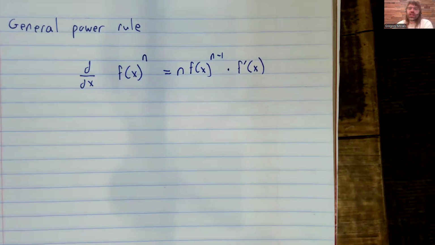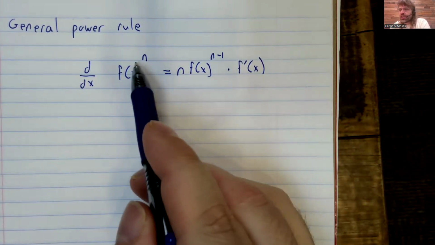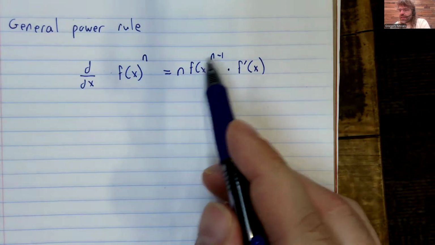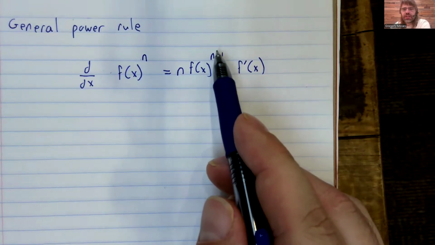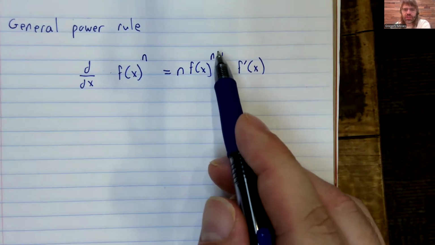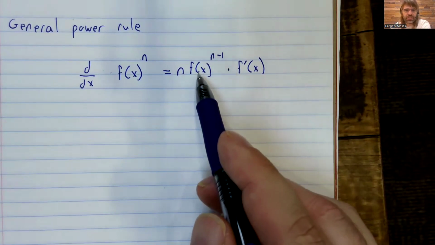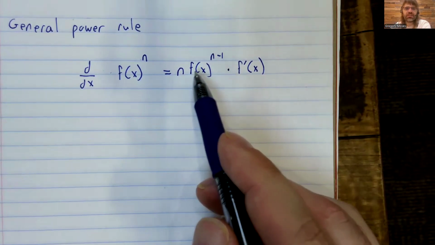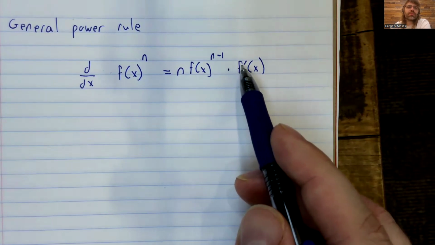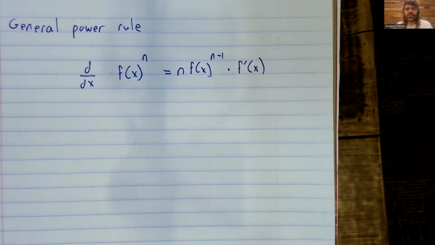And this is the chain rule. What we have here, where the n comes down and then we subtract 1, this is the derivative of the outside function. We have the inside function stuck inside of it, and then we multiply by the derivative of the inside function.